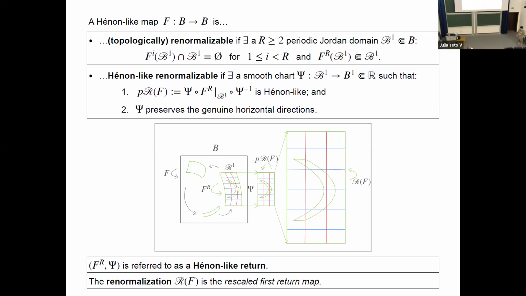Let me point out an important difference between 1D renormalization and 2D renormalization. Because in 1D, if you take a reasonable unimodal map, so for example, if you take a quadratic polynomial, then actually there's no need to define two notions of renormalization, because if you have topological renormalization, it automatically implies unimodal renormalization, right?